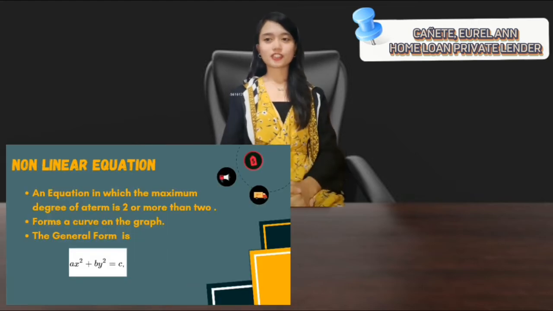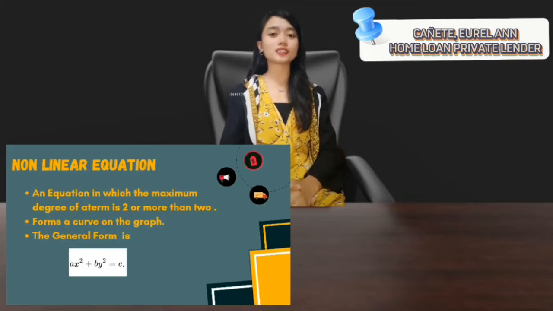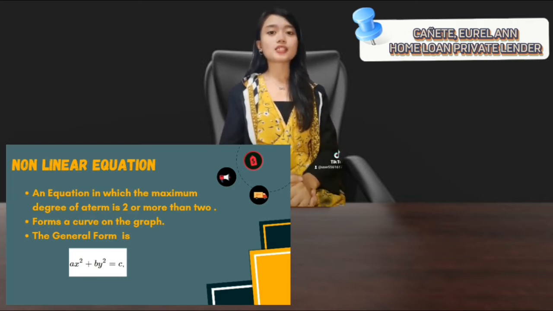What is a nonlinear equation? A nonlinear equation can be defined as an equation having a maximum degree of 2 or more than 2. So the nonlinear equation when plotted on the graph forms a curve. The general form of a nonlinear equation is ax² + by² = c, where a, b, c are constants and a ≠ 0, and x, y are variables.